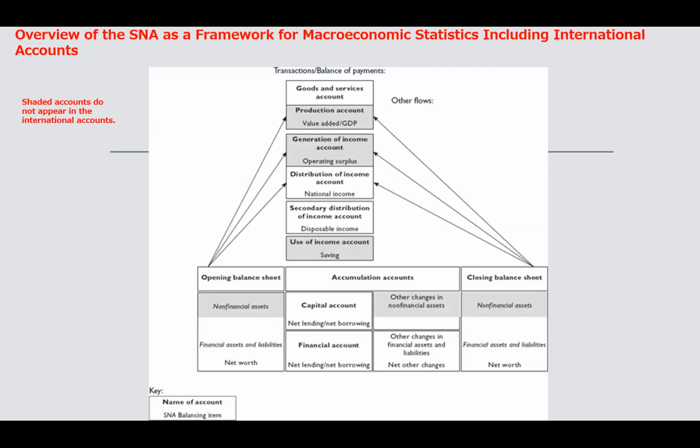We see here the goods and services account, production account, generation of income account, distribution of income account, secondary distribution of income account, use of income accounts. We see the opening balance sheet, accumulation accounts, and closing balance sheet. So in this table, shaded accounts do not appear in the international accounts.